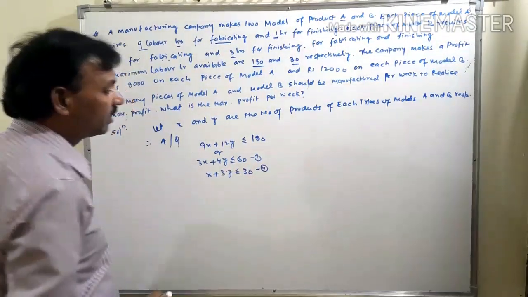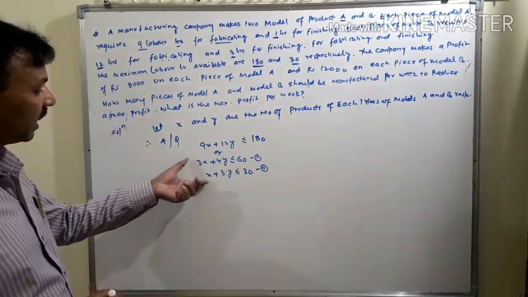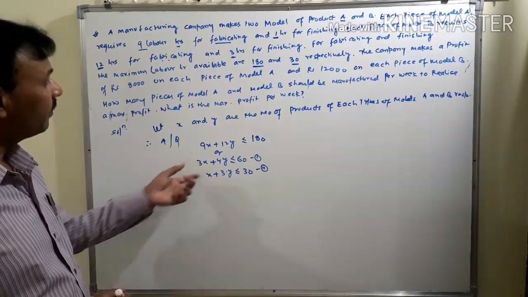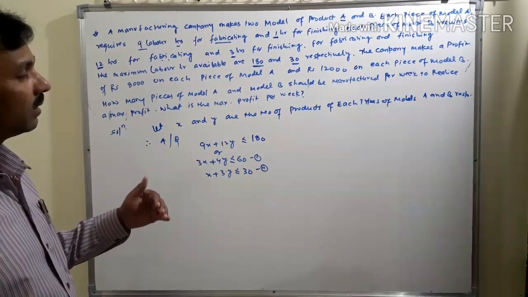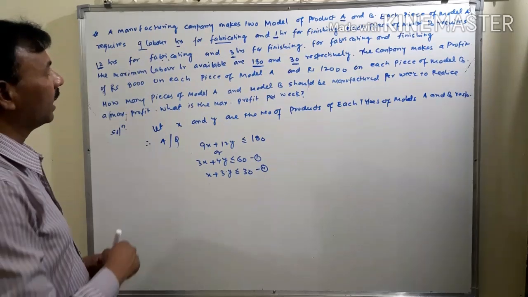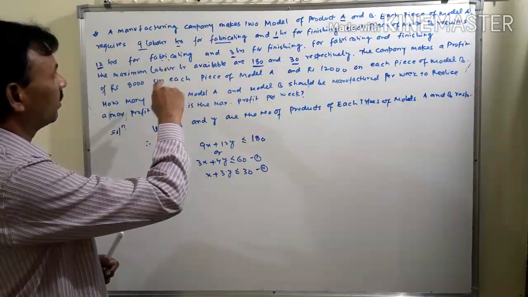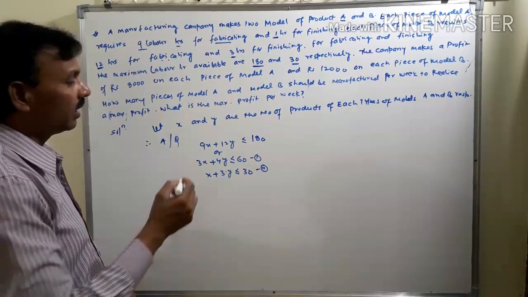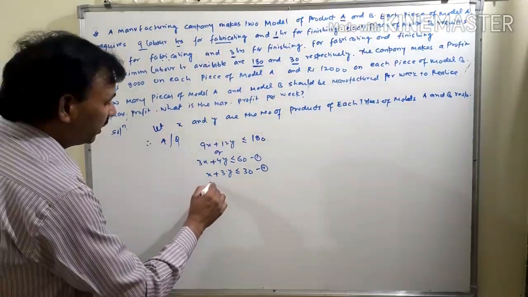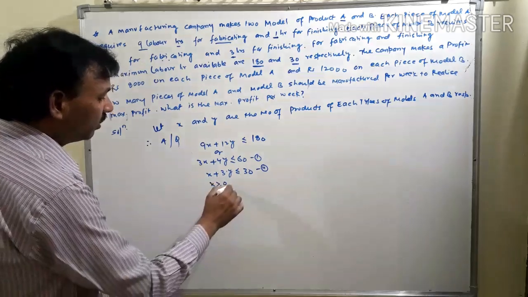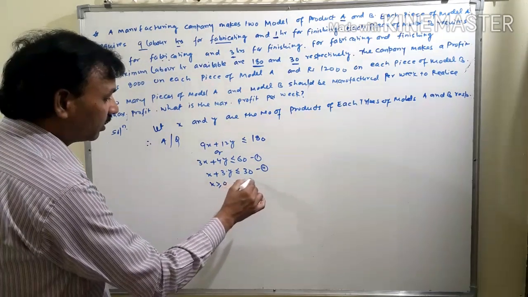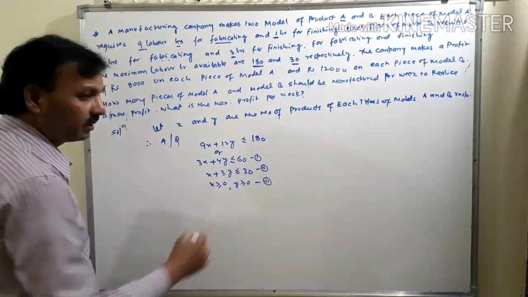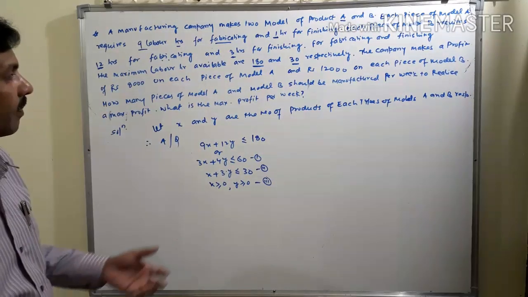This is the second constraint. Then there are non-negative constraints, that means the number of products of model A and model B are non-negative. So x is greater than or equal to 0 and y is greater than or equal to 0. This is the third inequality.